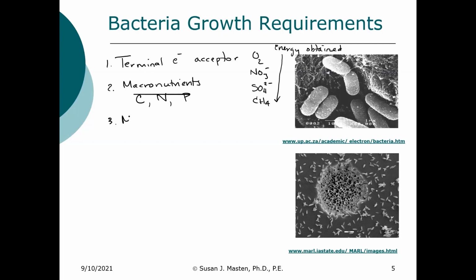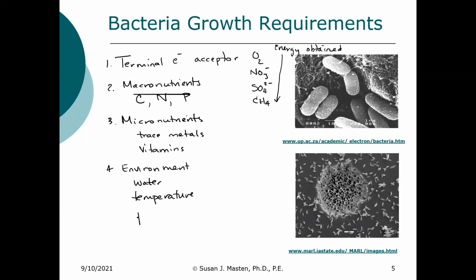They also need micronutrients. These include trace metals, vitamins, and they need a proper environment. So they need, as mentioned, water. They need an optimal temperature, and they need an optimal pH. And I'll just add this, they need an energy source.